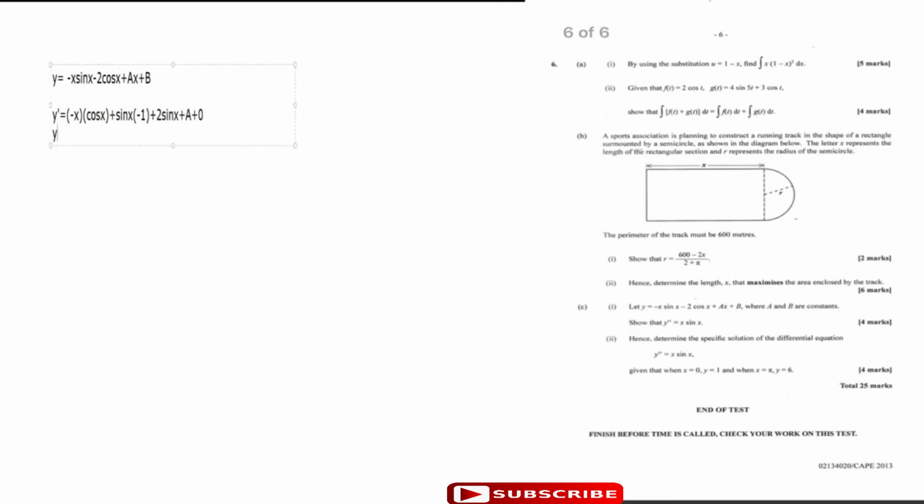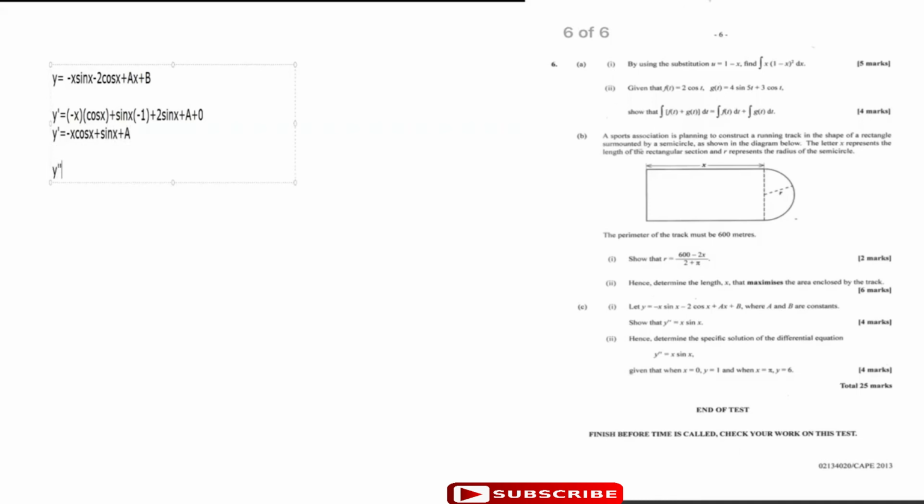Okay, so in reality, y prime works out to be minus x cos x minus sine x plus 2 sine x. That minus sine x plus 2 sine x is really just plus sine x, plus a. Now we need the second derivative.